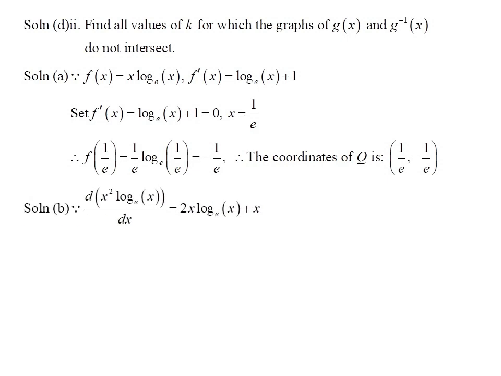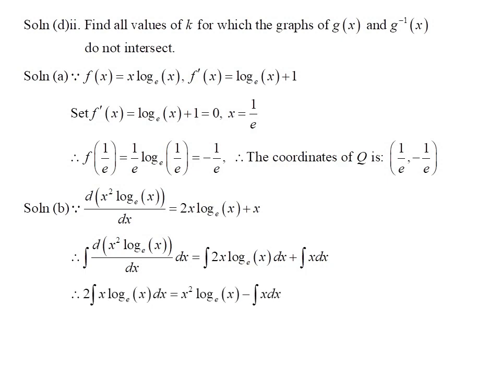In part B, since the differentiation of x squared logarithm base e of x with respect to x equals 2x logarithm base e of x plus x, the integral of that derivative dx equals the integral of 2x logarithm base e of x dx plus the integral of x dx. So 2 times the integral of x logarithm base e of x dx equals x squared logarithm base e of x minus the integral of x dx.